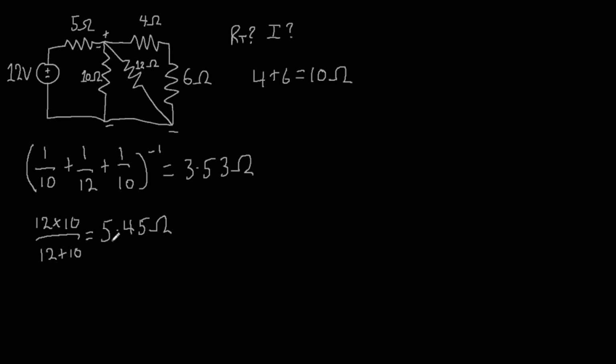So that's the equivalent parallel resistance of these two resistors. This is still in parallel with that 10 ohm resistor, so we do it this way again, product over sum, which will give you the same answer, 3.53 ohms.